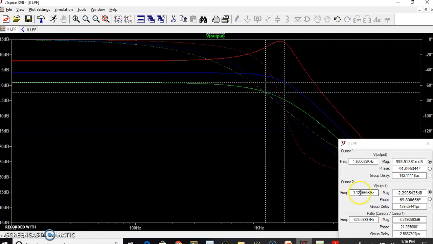This is the cutoff frequency. The cutoff frequency is actually 1.12 kHz, whereas the expected cutoff frequency is 1.59 kHz. You can see you're getting almost the same frequency for the maximally flat one. That's why the blue one, which corresponds to a gain of 1.56, has a maximally flat response.